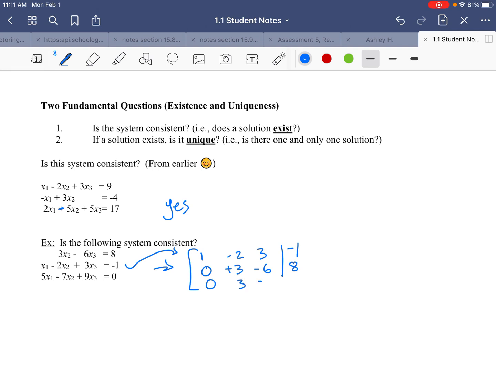Then you get 0, 3, negative 6, and 5. And so when you come to that realization of what's happening here, you would see, oh, wait a minute, these are the same. They would cancel if I subtracted or added the opposite, but these would not. This is an inconsistency. So these are inconsistent. This one is no solution. So is it consistent? No, it is not.